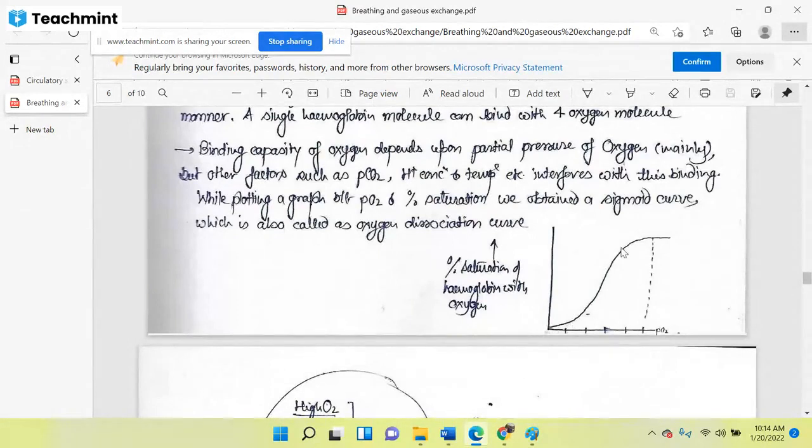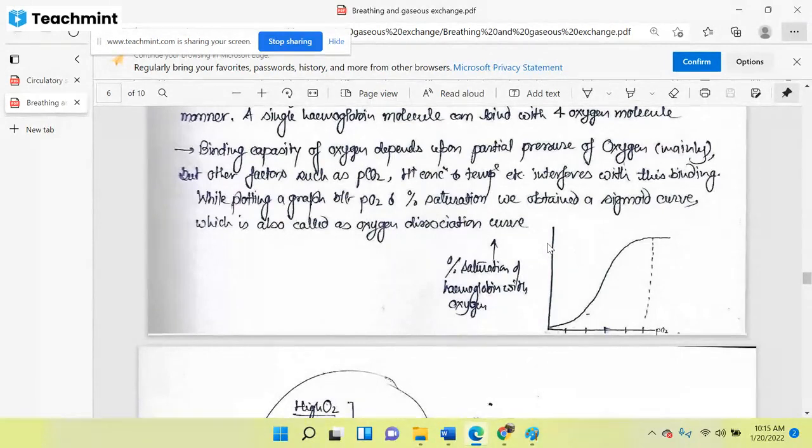But after some time the graph becomes a plateau. Means in the last part of this sigmoid curve, although we are increasing the partial pressure of oxygen, the hemoglobin becomes saturated, because the number of hemoglobin molecules is limited, because the number of RBCs is limited.